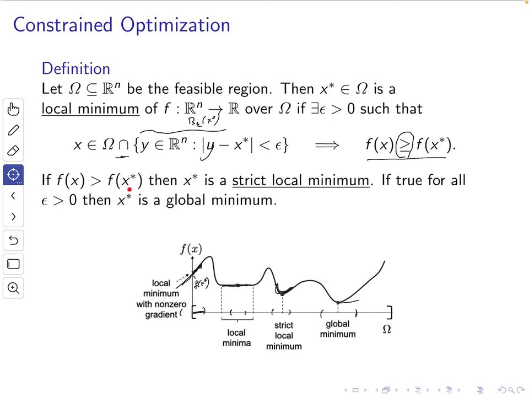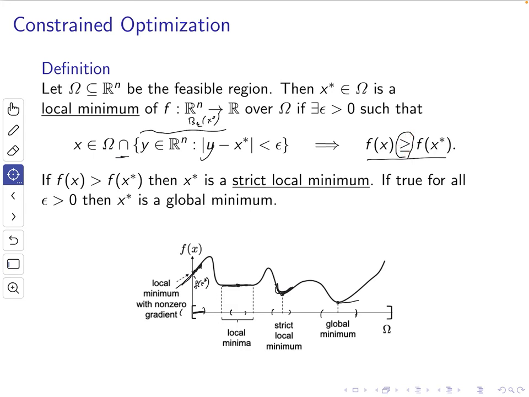And if f of x is strictly greater than f of x star, then we call it a strict local minimum. So these would be strict local minima, but these elements here would not be, because we don't have f of x strictly greater than f of x star; we only have greater than or equal.